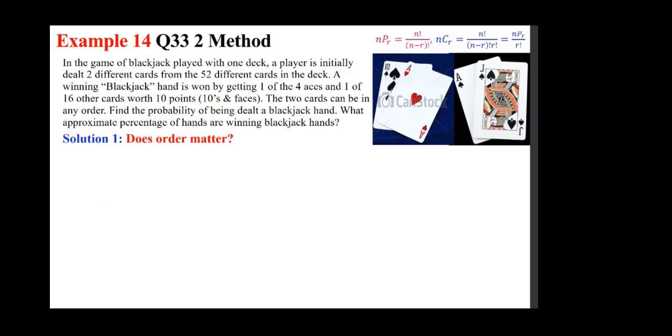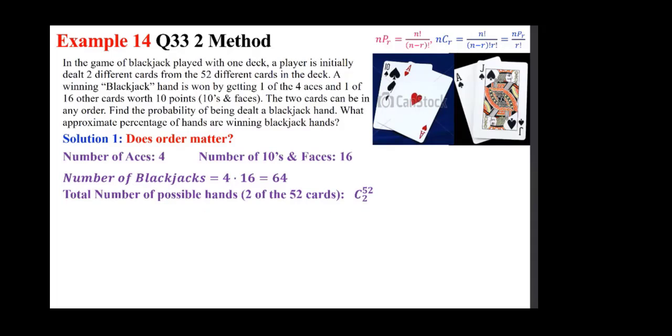So what do we have in a deck of cards? How many aces? We have 4 of them. Tens, we have 4 of them. How many faces? We have 3 times 4, or 12. I want to make sure everybody understands how we arrive at these numbers.